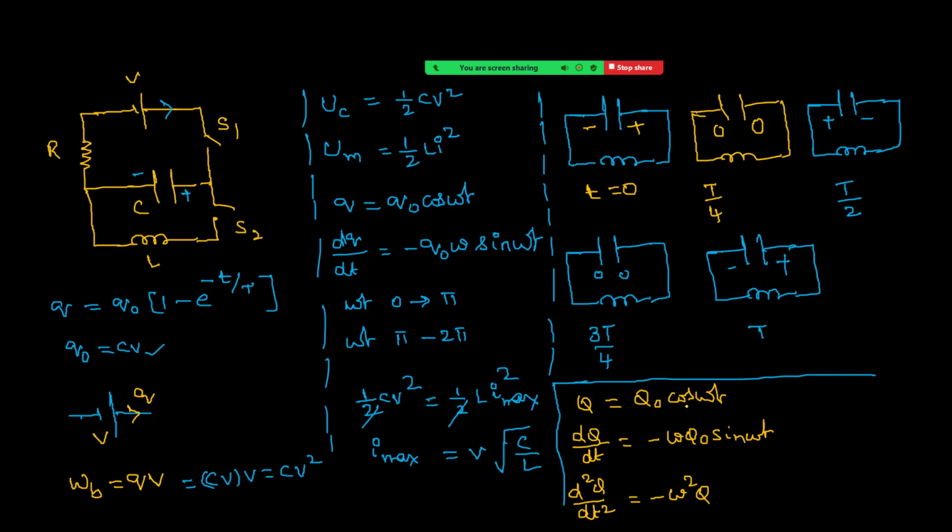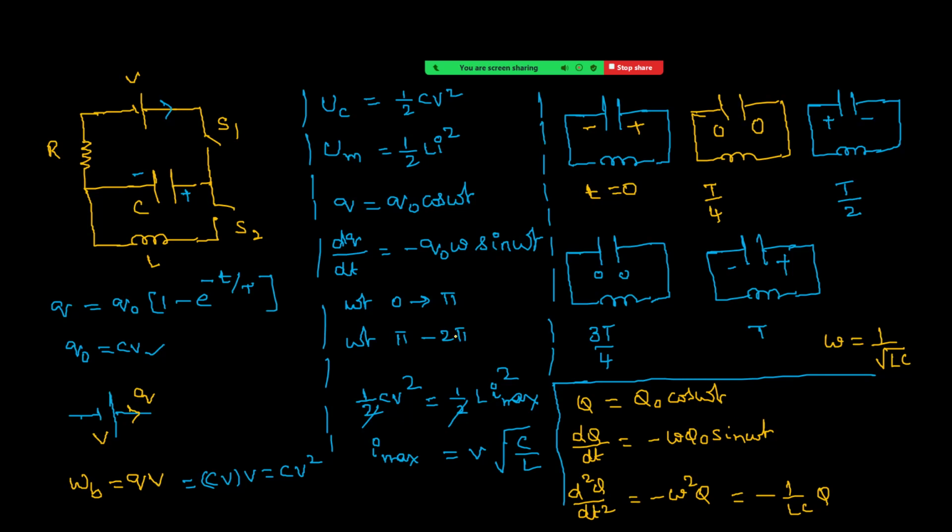In the place of Q naught cos omega t, I'm writing directly Q, and we know that omega equals 1 by root LC. This is what we have discussed, right? That means this is equal to minus 1 by LC into Q. You can see which option matches. Option C is matching: Q equal to minus LC into d square Q by dt square, right? So option C is correct.